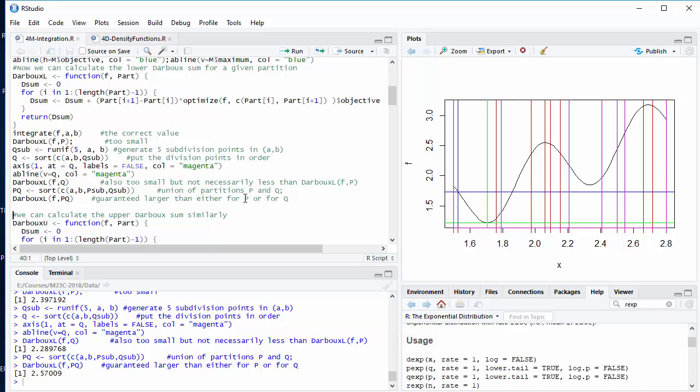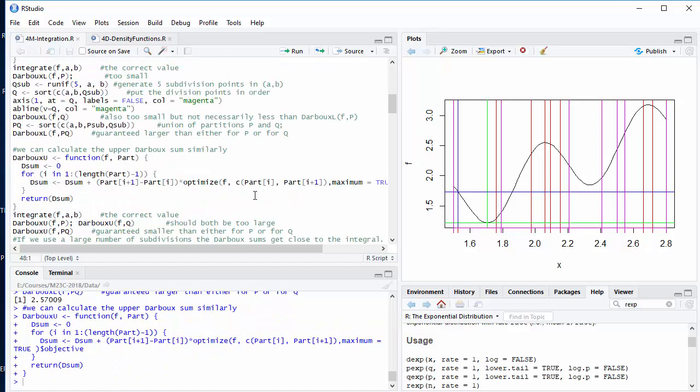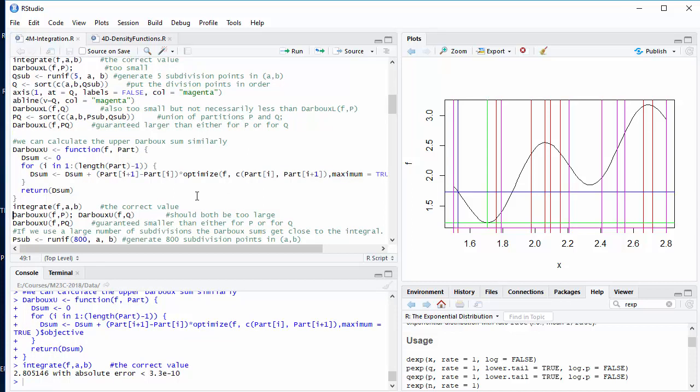I can do the upper Darboux sum in exactly the same way. The only change is I set maximum equals TRUE in the optimize function to get a maximum rather than a minimum. Reminder, there's the correct value.